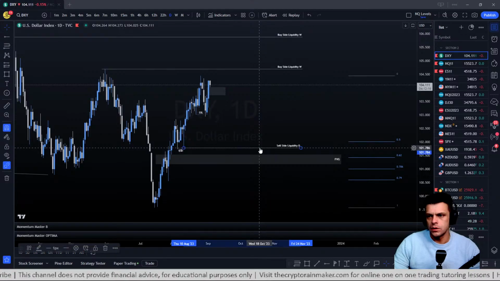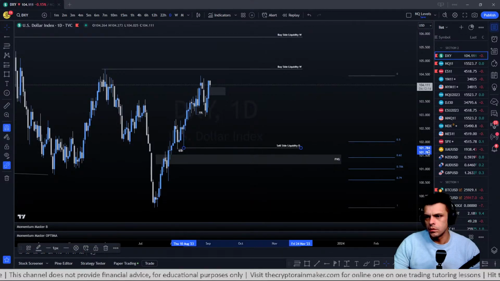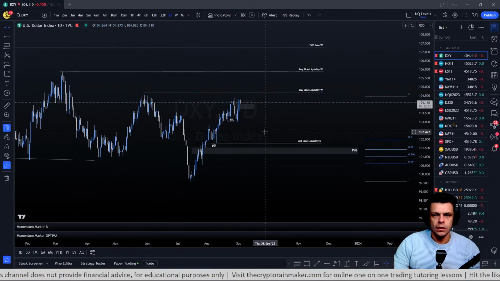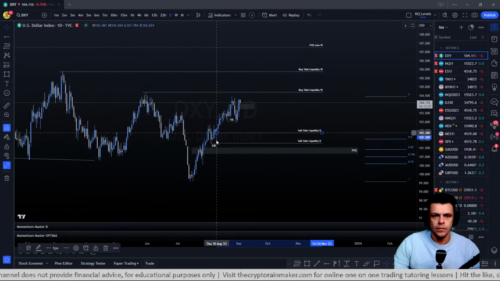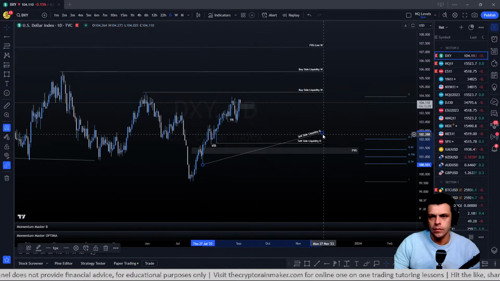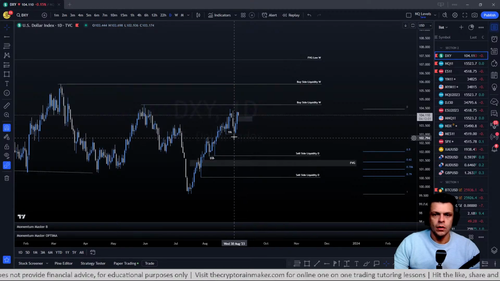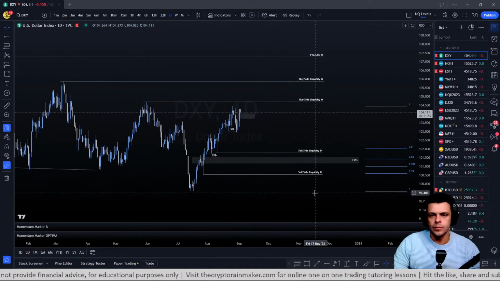This level is at 101.784, and then we also have to look at this low. And then obviously also that low right there.